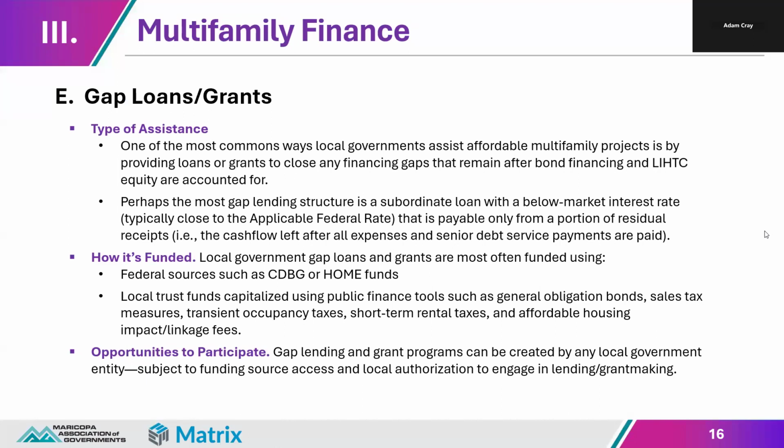It's deeply subordinate, and only after the cash flows through the expenses and through all of the other debt sources do you get some portion of that cash flow to pay off your loan. But at the end of the day, it's still better than a grant, which you never see again. These programs are typically funded in a similar way to subsidy on the single family side. It's things like CDBG and HOME, local trust funds, public finance tools and that sort of thing.